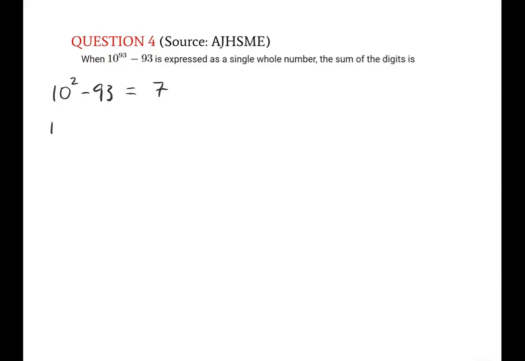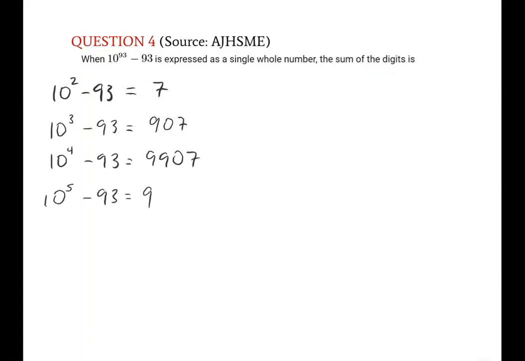If we do 10 cubed minus 93, we're left with 907. If we do 10 to the power of 4 minus 93, we'll get 9907. And if we continue with 10 to the power of 5 minus 93, we'll get 99907.